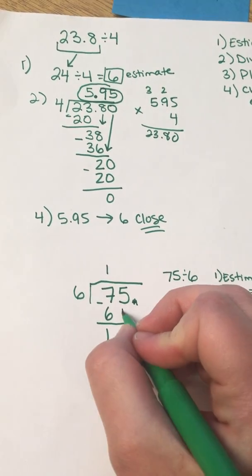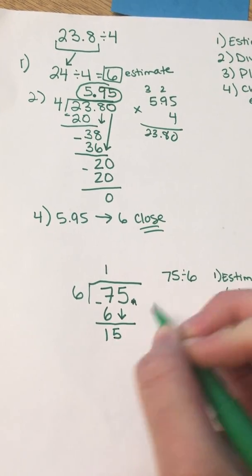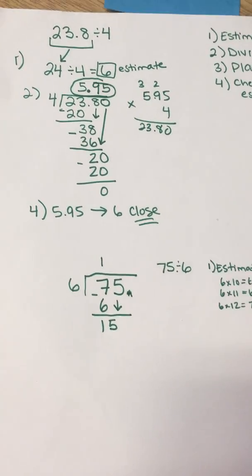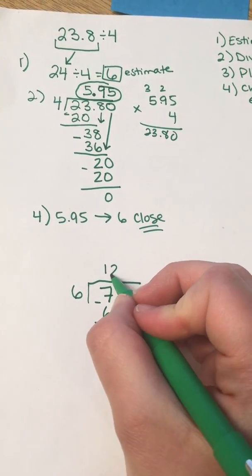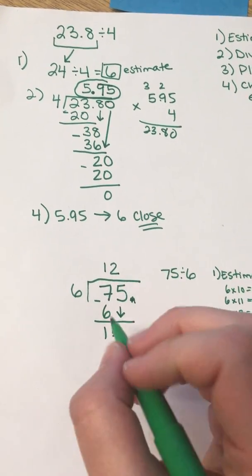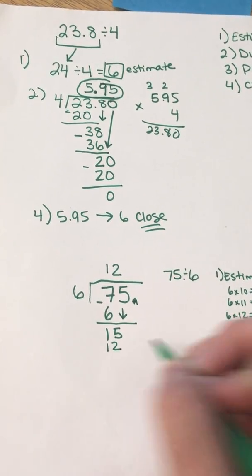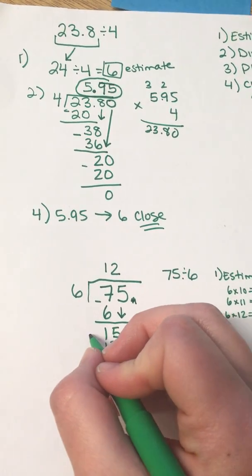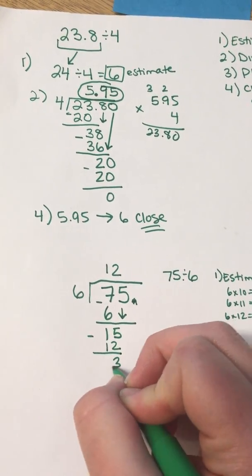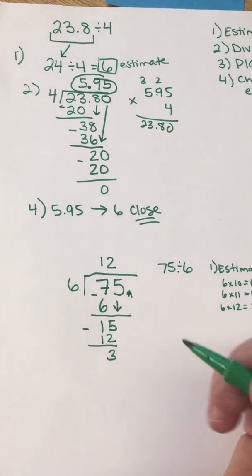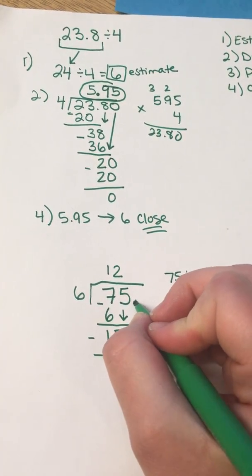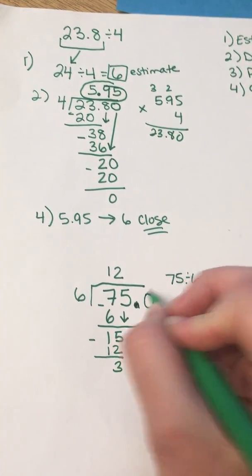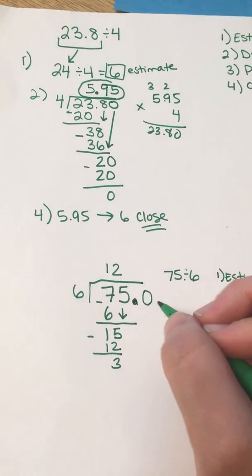Hopefully you got it. It's bring down the 5. 6 goes into 15 2 times. 2 times 6 is 12. Think about what we do next. Yep, subtract, and we have a 3, but 6 doesn't go into 3 evenly. So now we're going to use this decimal point and these 0 tenths to help us.